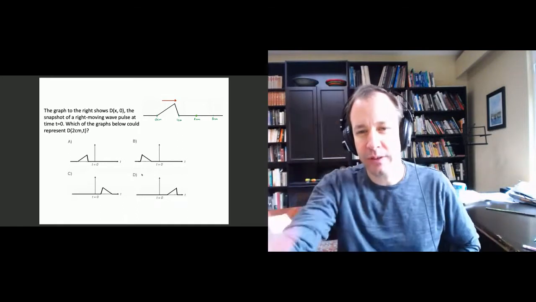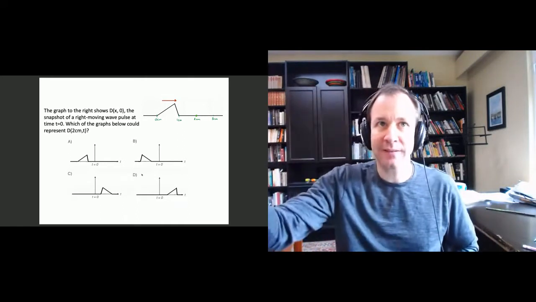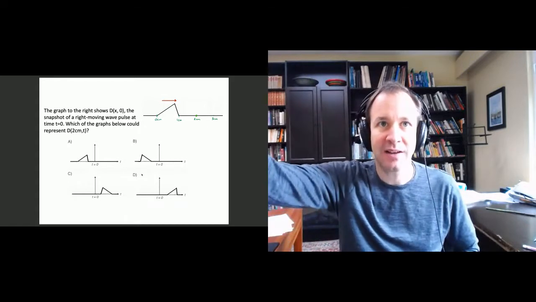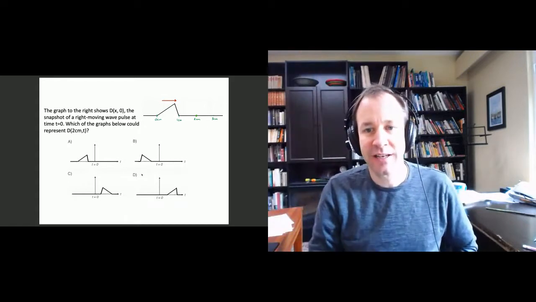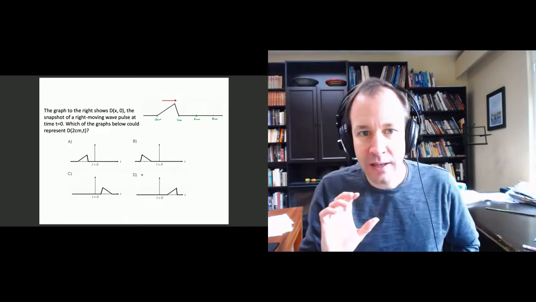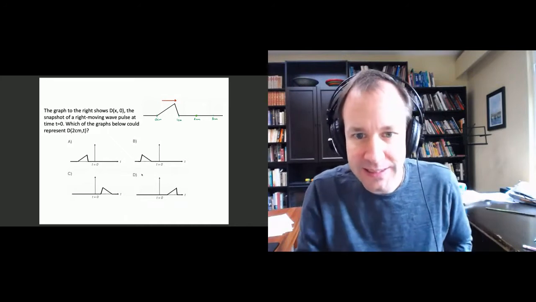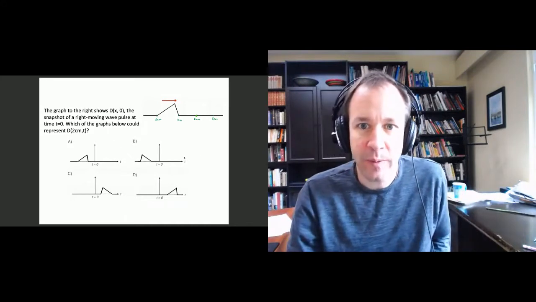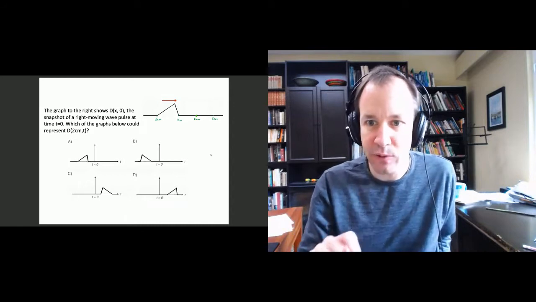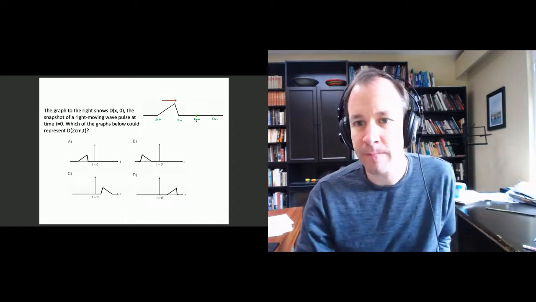This is a really important kind of question, being able to go back and forth between the snapshot graph and the history graph. I want you to definitely take some time to think through this one, because this is a really important kind of question that you're going to be seeing.